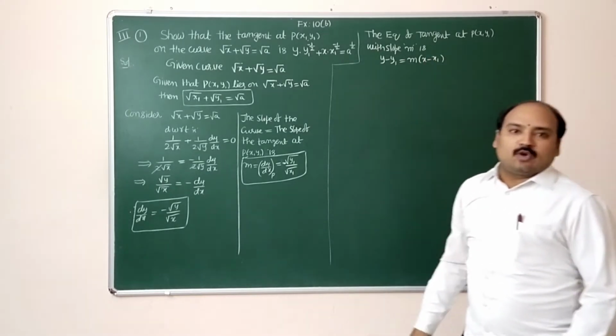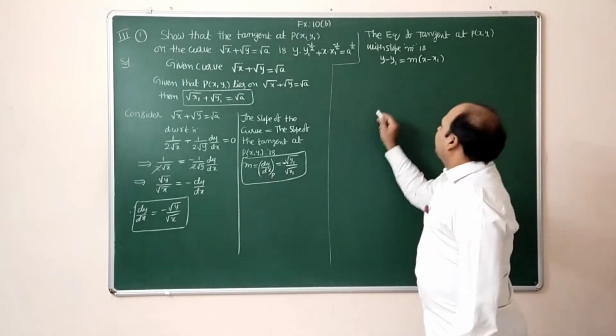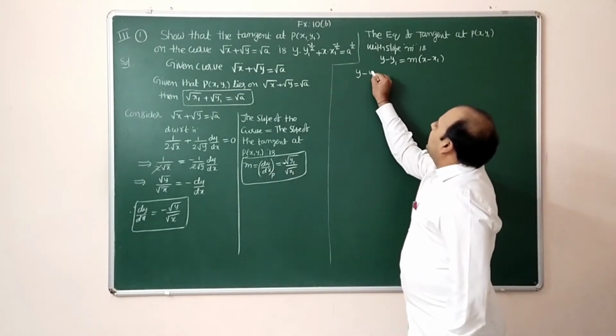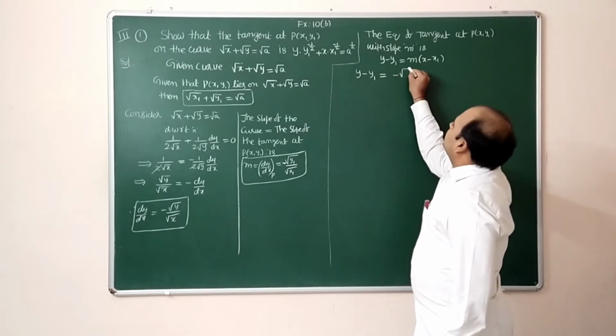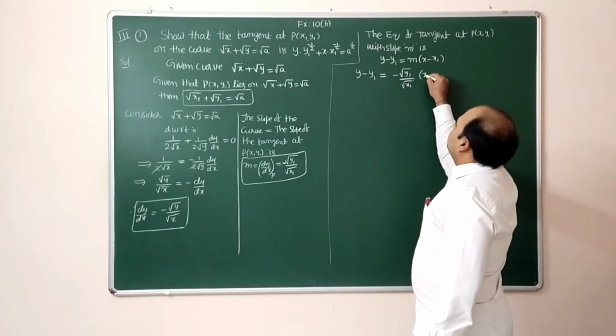The point is x1, y1 only anyway. In place of m, you have to replace this value. So y minus y1 is equal to minus root y1 divided by root x1 into x minus x1.